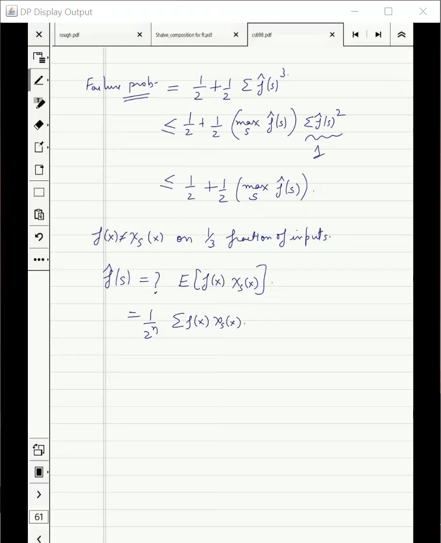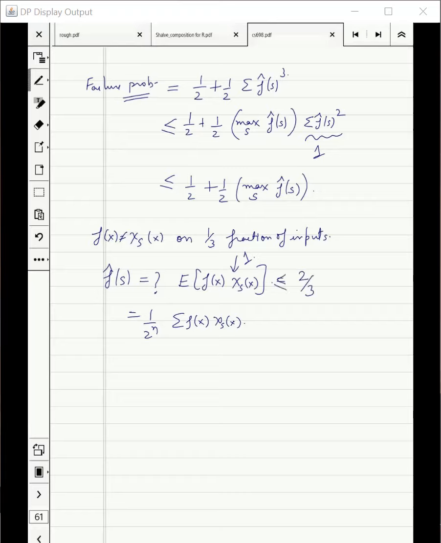Exactly. Very good. It might be easier for you to think of it in terms of summation. You can definitely convince yourself with summation, but think of it in terms of expectation also. As you said, for 2/3 fraction, this will give me 1. That will give me at most 2/3.